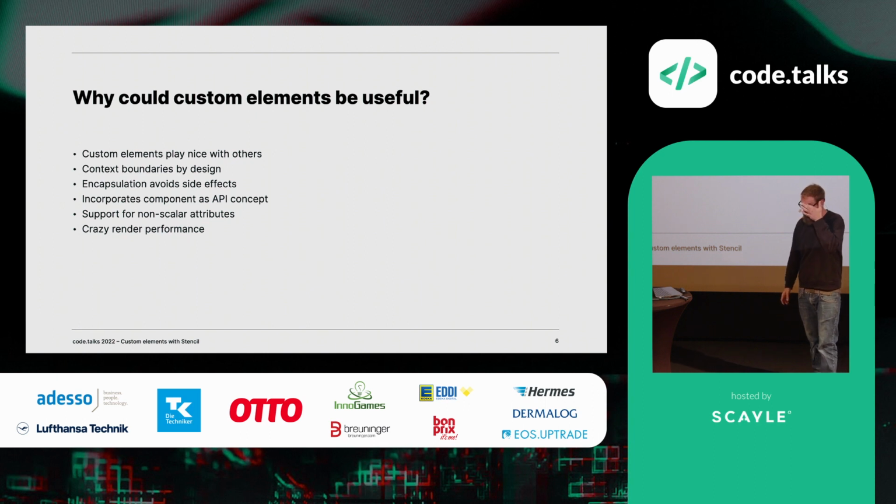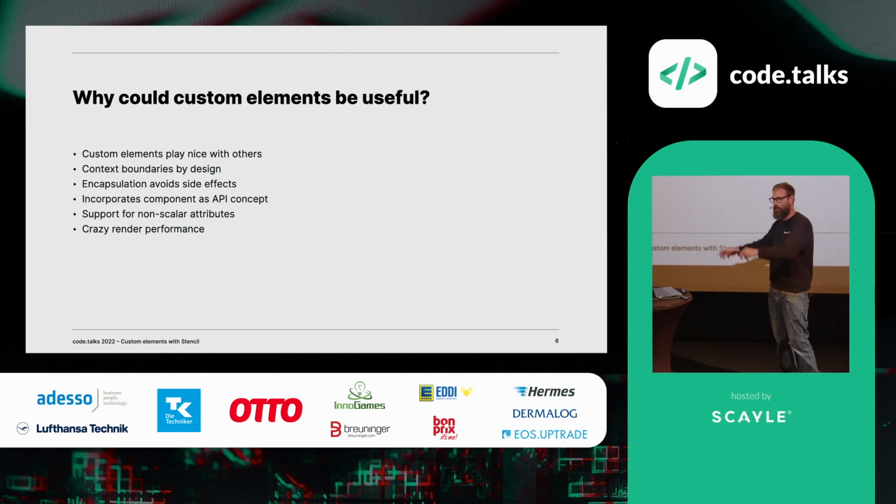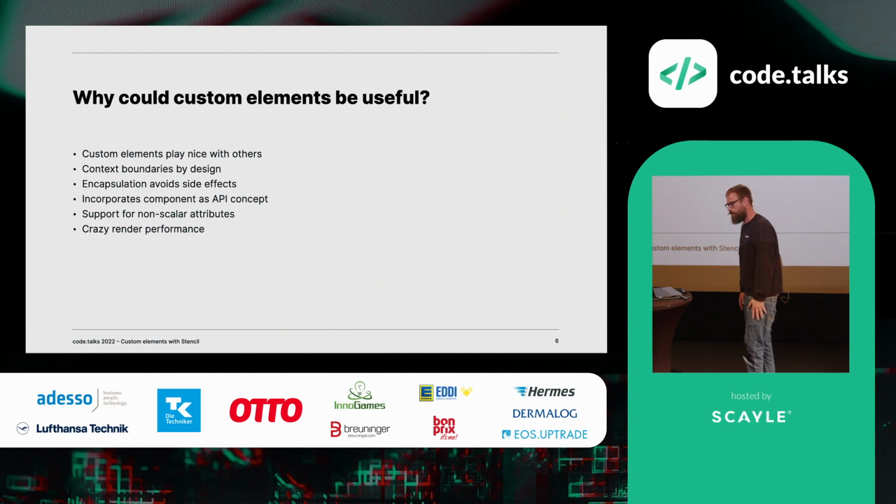This is strictly separated, not by the way you implement it, but by design. So usually you can avoid those crazy CSS cascading side effects, where changing the CSS of one component makes your whole application go crazy because everything is inheriting from something, or you have duplications in CSS class names or whatever.